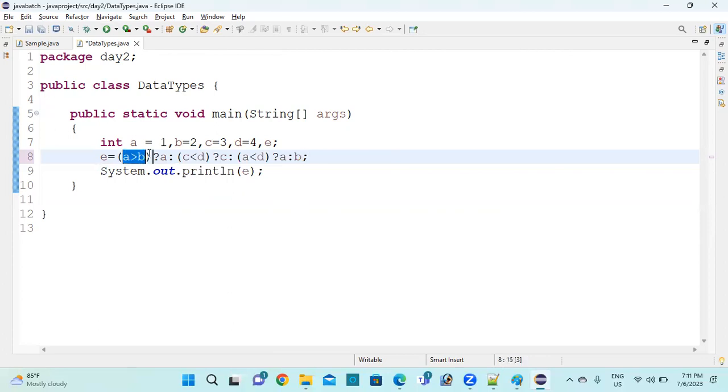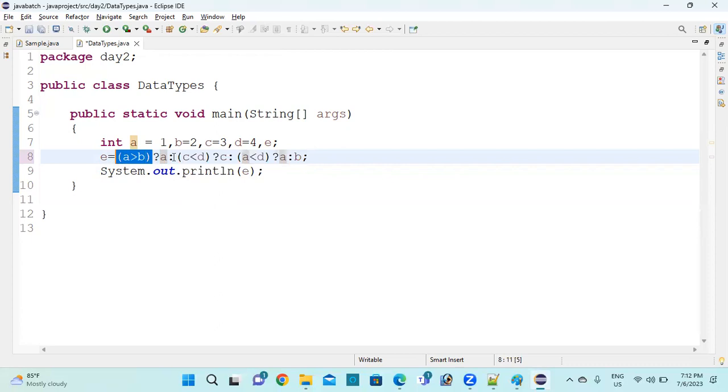From here, it will go to this entire place. This condition is false. If it is true, it will execute this part. The or means: when this condition is satisfied, the left side value of the or operator will be executed, or else the right side value will be executed.